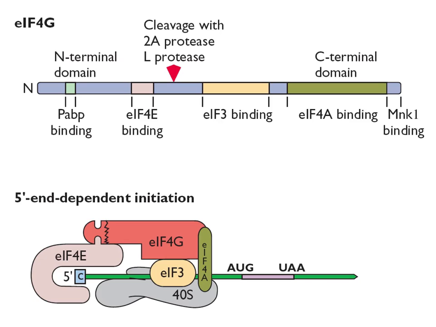You can see it has an EIF4E binding domain. Of course, that's this little part here that binds 4E. It has an EIF3 binding domain, a 4A binding domain, which is this protein here at the end. And you'll see later it has a binding domain for poly-A binding protein. We'll see what that does in a moment. Now, this protein is modified in cells infected with some viruses. That's what the red arrow means, and we'll talk about that later on today.